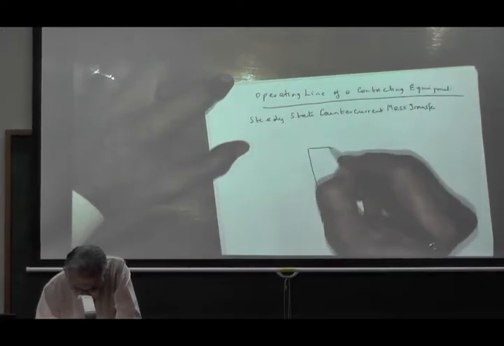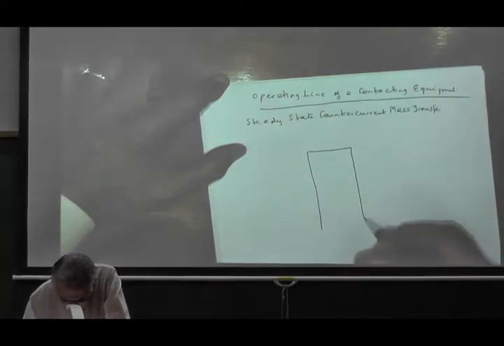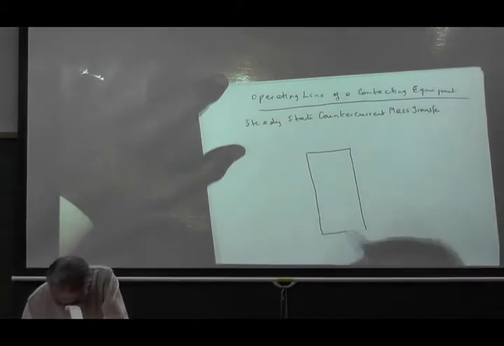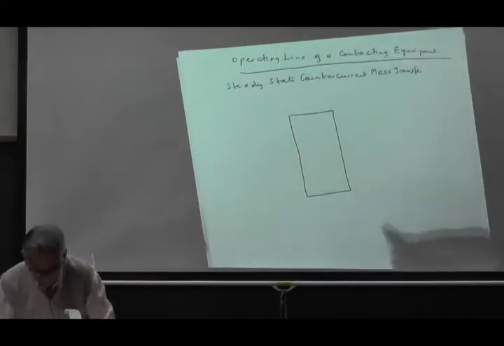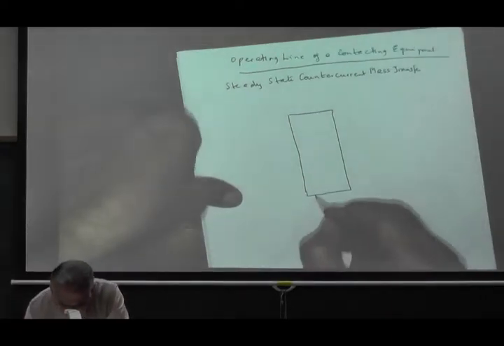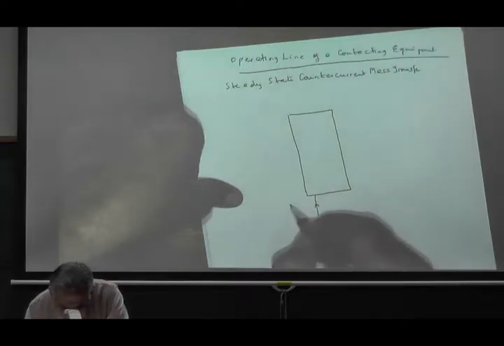Now again, be very clear about the nomenclature. Supposing we have some contacting equipment, let's say an absorption column, and we have some gas coming in, and this is point 1, so we'll call this G1.